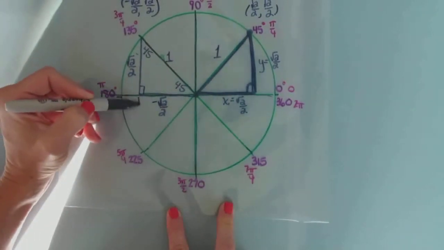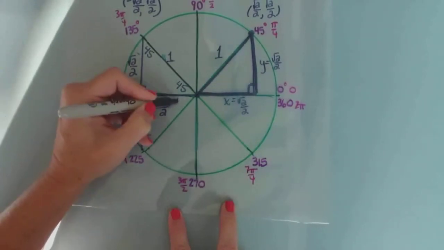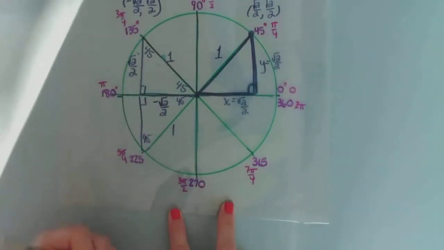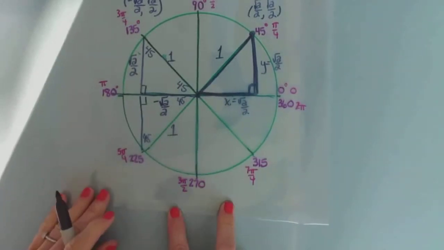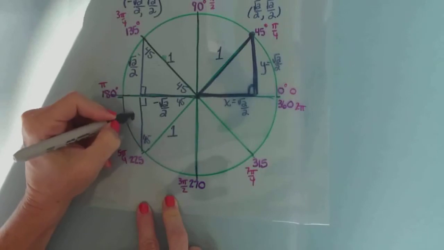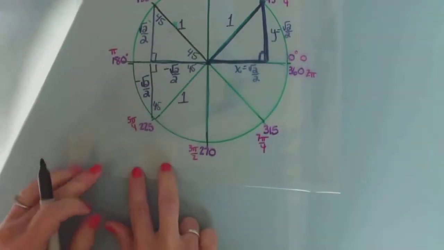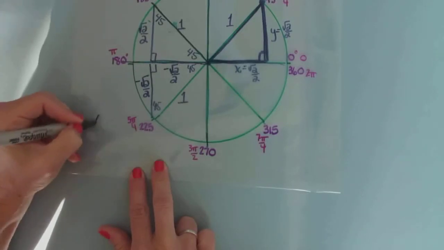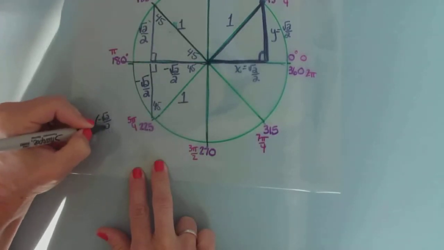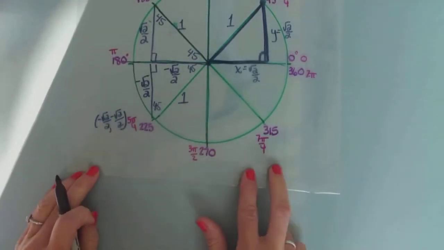So if we come to 225 degrees, we're coming left and down. Here's your 45, here's your 45, here's your hypotenuse of 1. So we're going left and we're coming down. So this will also be a negative root 2 over 2. So my coordinates at 225 are going to be negative, negative.